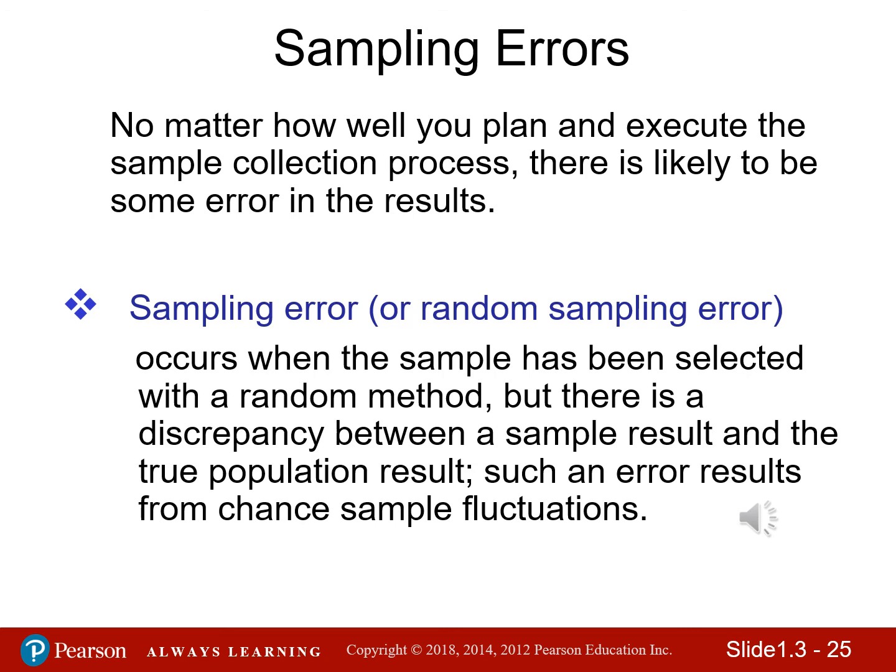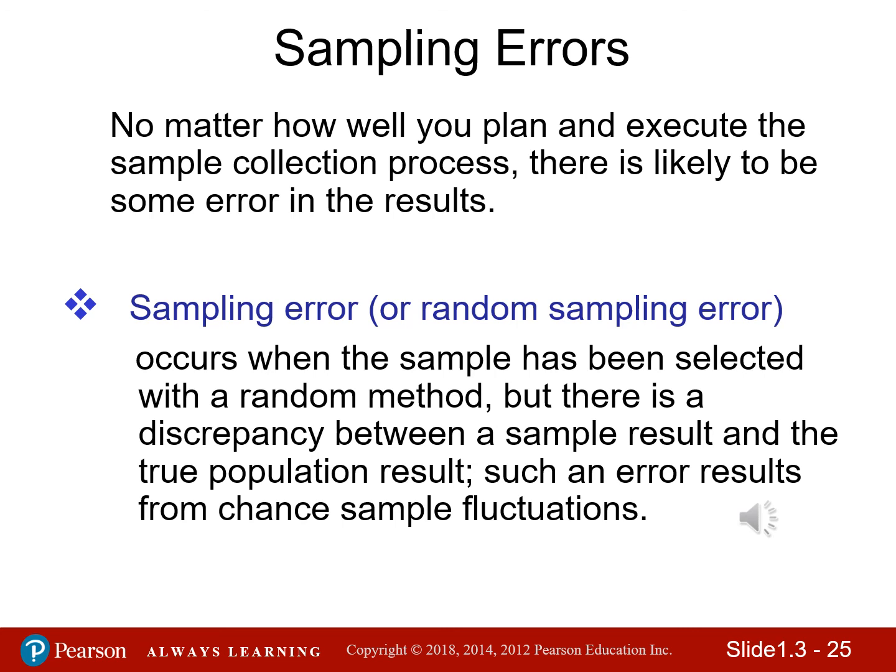If you were to survey an entire population, there would be no error. However, when you take a sample at random, you estimate the error, and this estimate is called the margin of error.